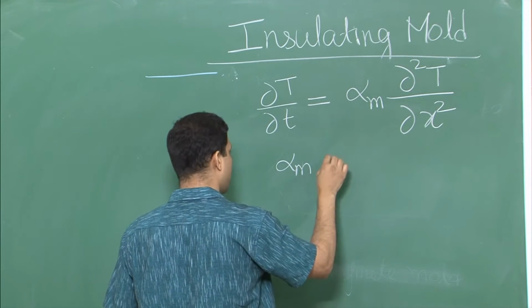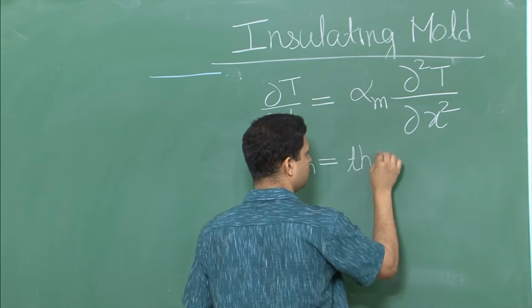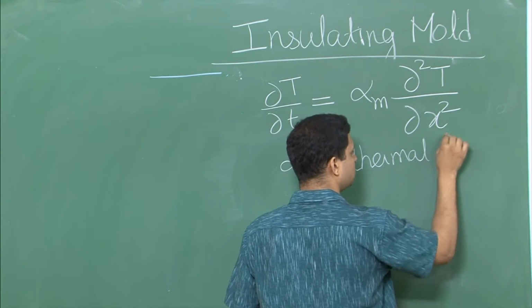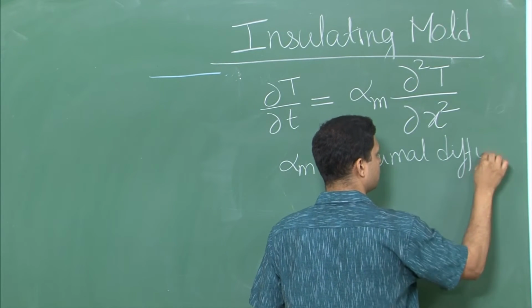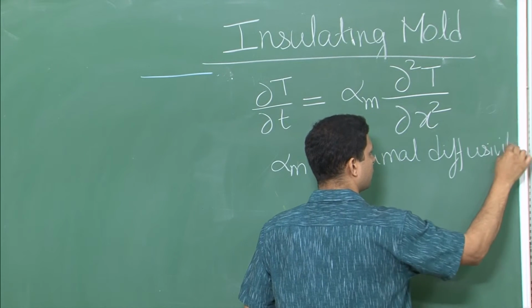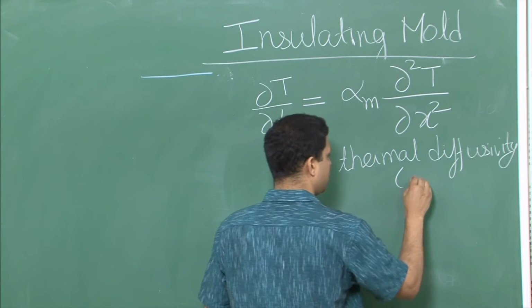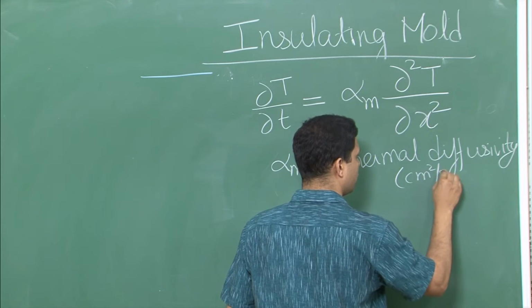Now let us just look at some of the terms over here. I said alpha m is thermal diffusivity; it is in centimeter square per second.